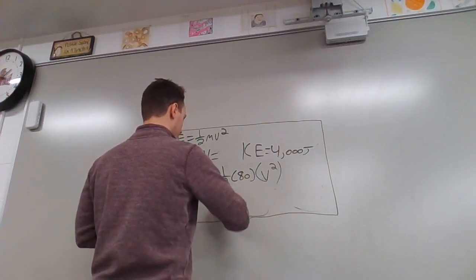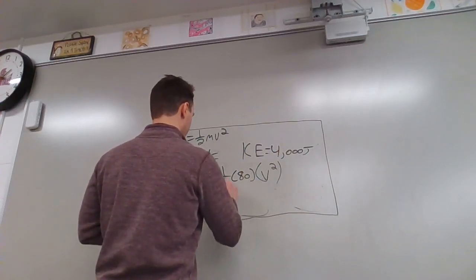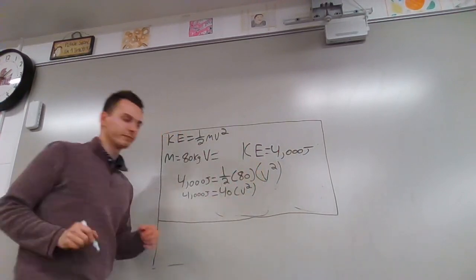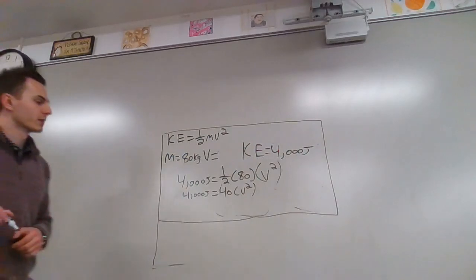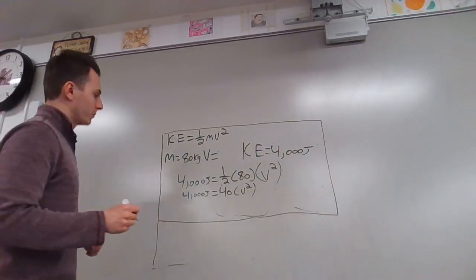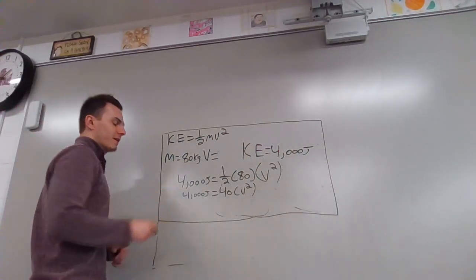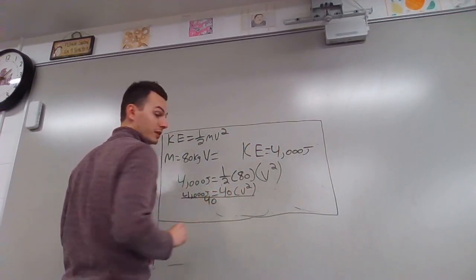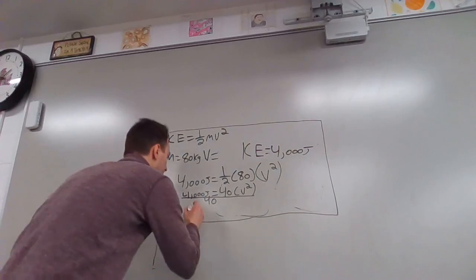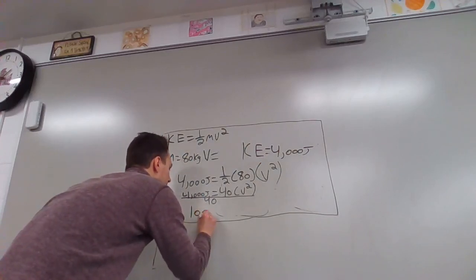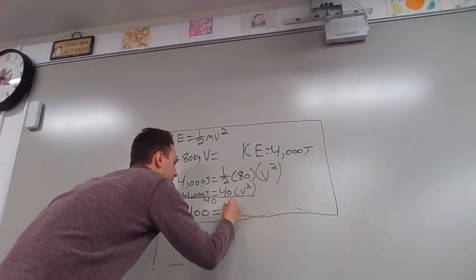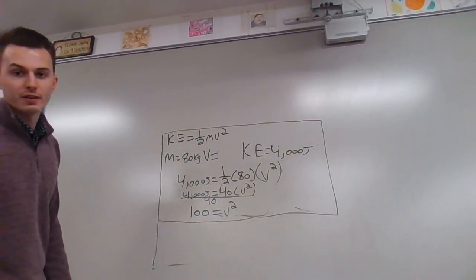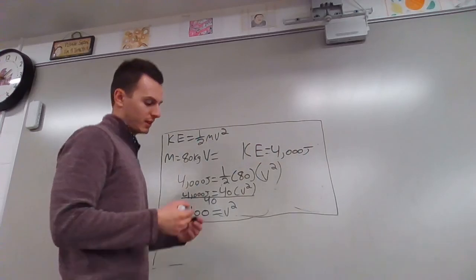What I can do from here is divide by 40. And when I divide by 40, I end up with 100 equals v squared. Well, if you have something that is squared, you need to do the opposite, which is square root it.